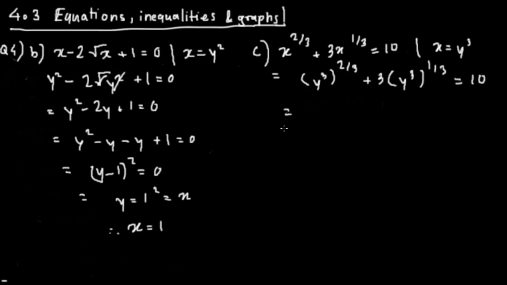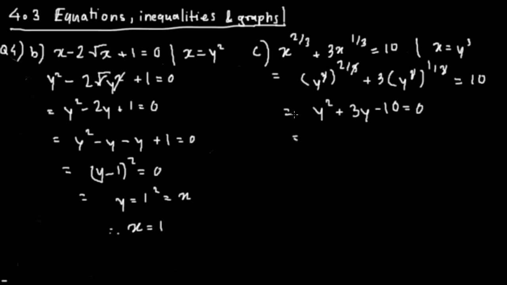Here we can simplify. This is technically 3 over 1. So 3 over 1 into 2 over 3 is equal to just 2. So then here you can cut this down. So this is just 3y. So again, y squared plus 3y minus 10 is equal to 0.